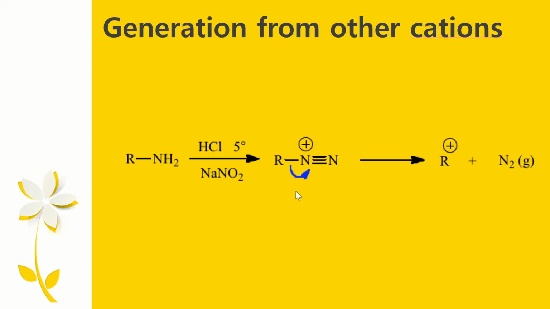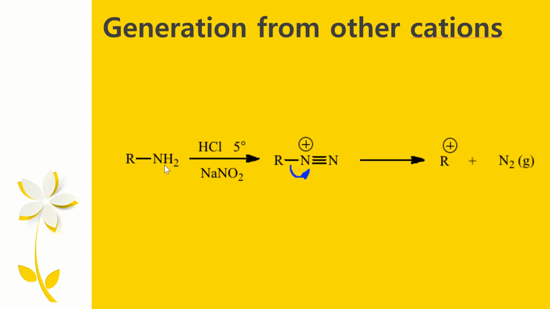This is a very temperature sensitive reaction, right? So the salt here, the aryl diazonium salt, is stable between 0 and 5 degrees. And so, it will spontaneously decompose to form nitrogen gas and the carbocation, right?